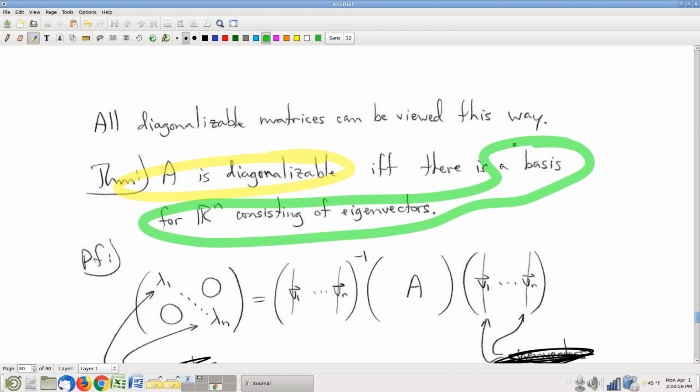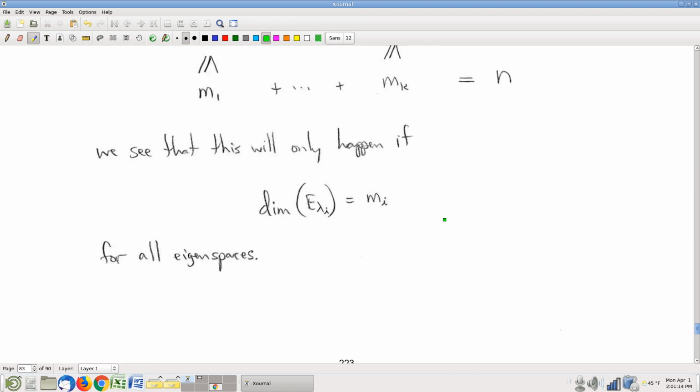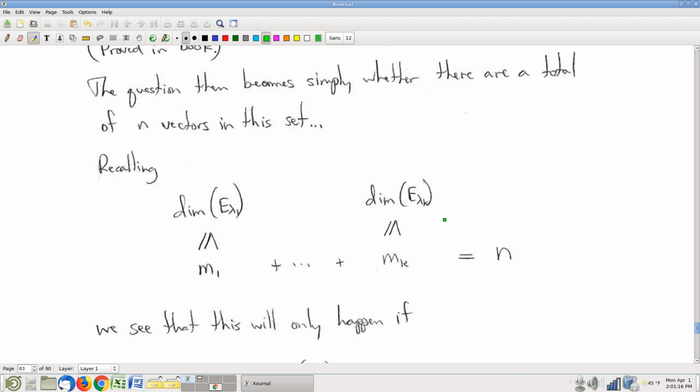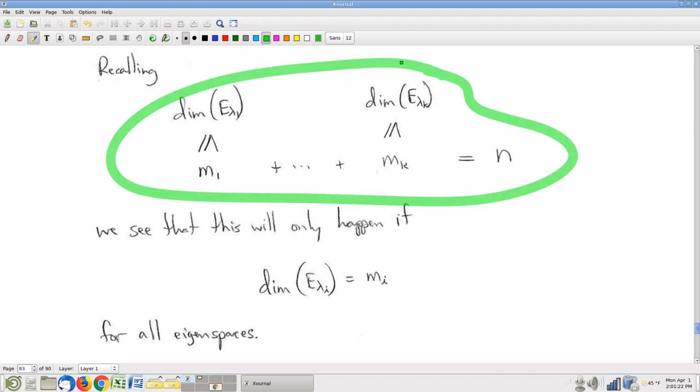So, next question. Under what circumstances can I actually find a basis consisting of eigenvectors? Let's explore that idea a little bit. When will I have an entire basis consisting of eigenvectors? Going down to this observation here, we wrote down some algebra kind of like this back in section 5.4.